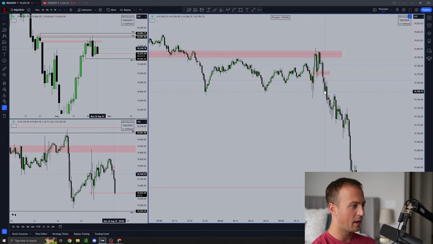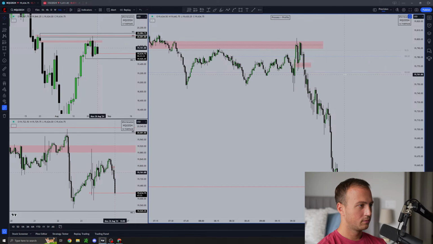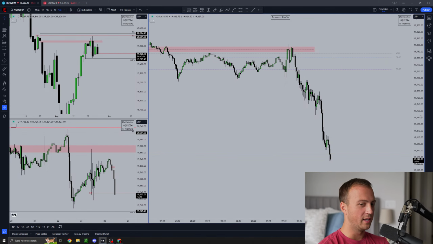Other than that, I don't really see too much that, personally, I would have entered off of. Most of my entries, I like to see some kind of displacement with imbalances or something of that nature.